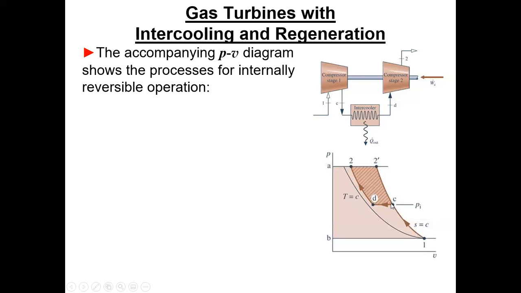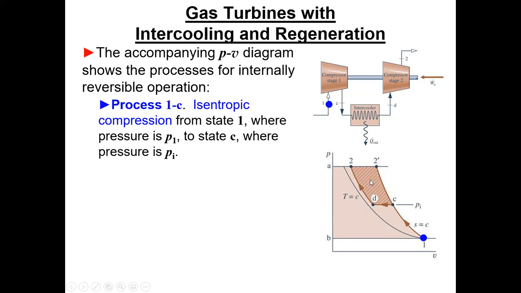When we cool it down, we move from C to D. Then when we do the second stage of compression, we go from D to 2. So all this hatched region is work that we don't have to do because we did the intercooling.